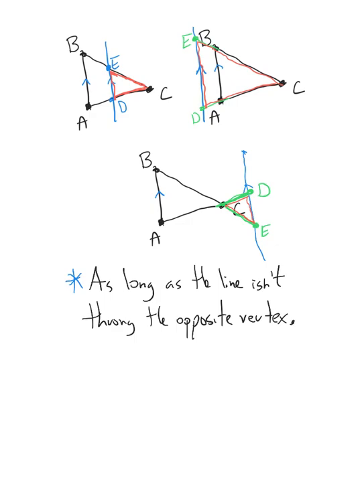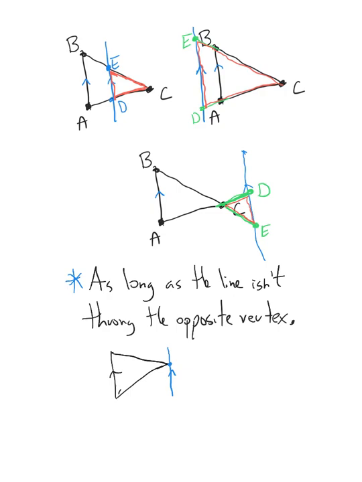So, again, if this was our triangle, and we drew a line right through C here like this, well, there's no way to extend our line segments. It's just kind of a point. So this is no good.